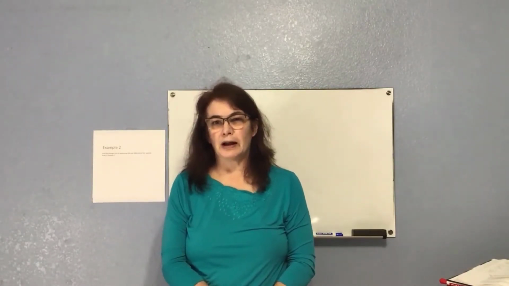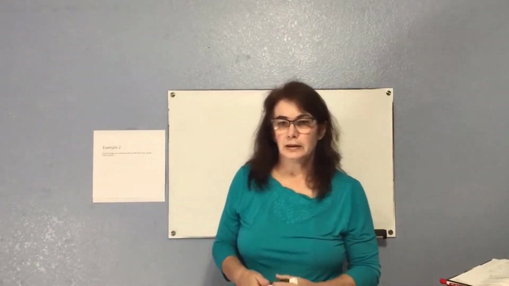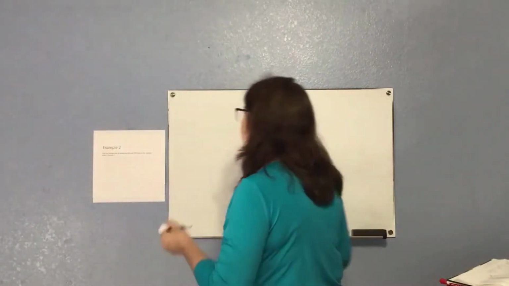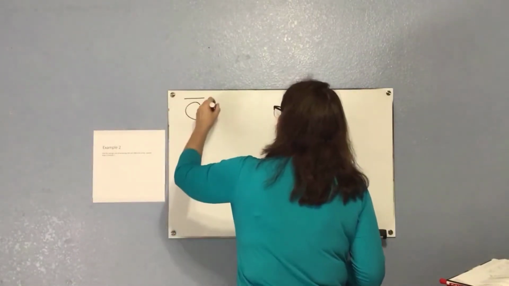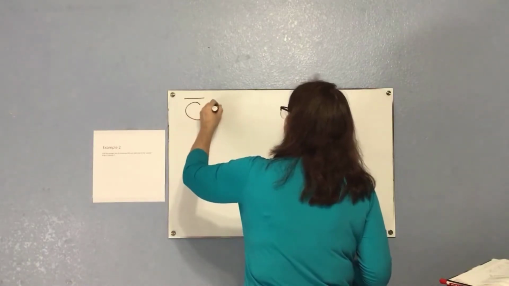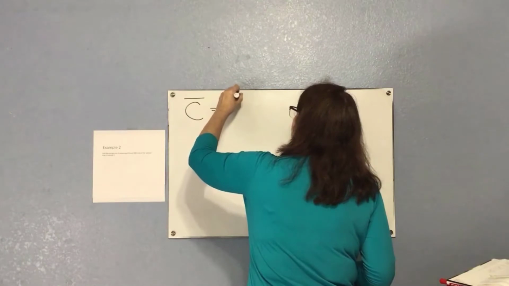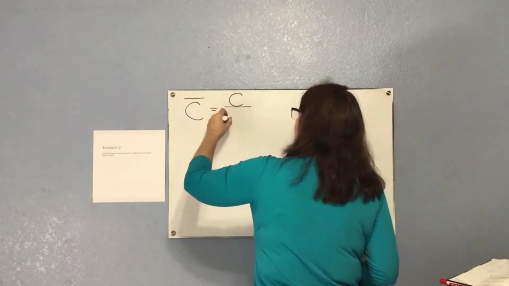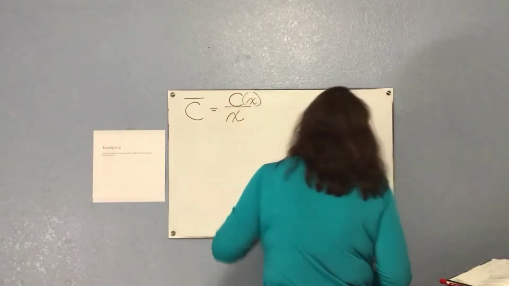If I produce a lot of units, then I have more units between which I can divide that fixed cost, and so the price per unit actually goes down. So let's look at a new idea, C bar, the average cost, which is C of x divided by x.